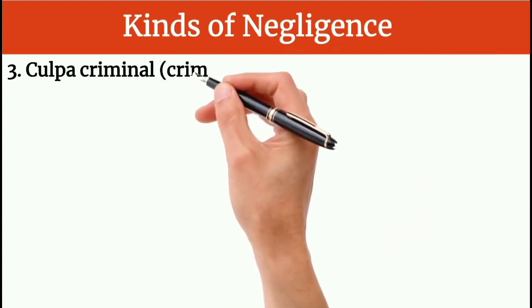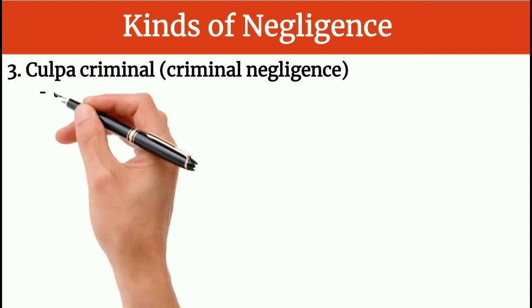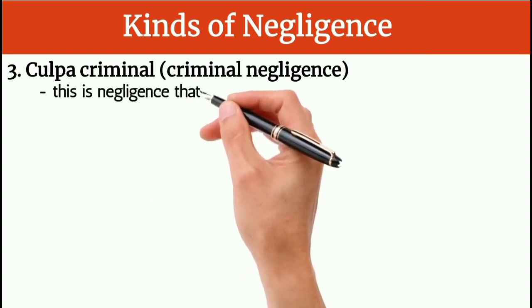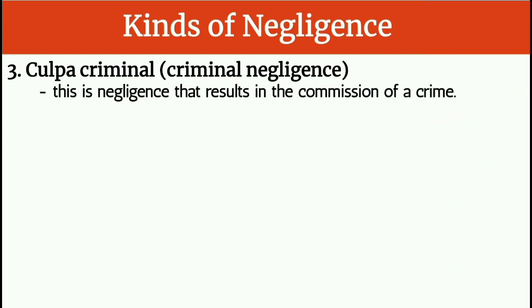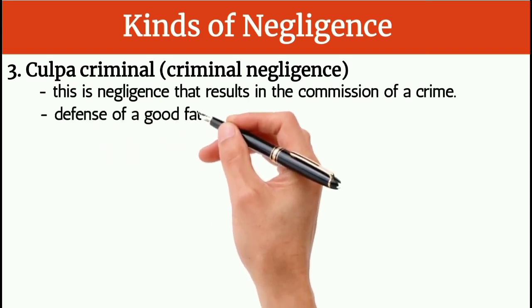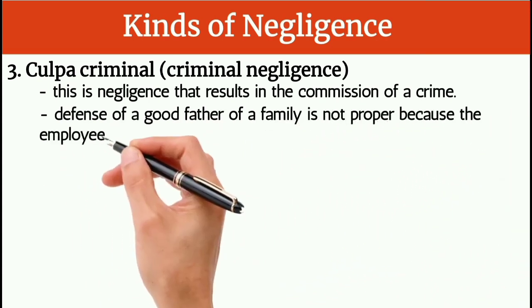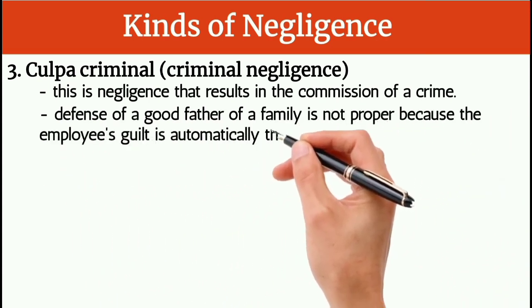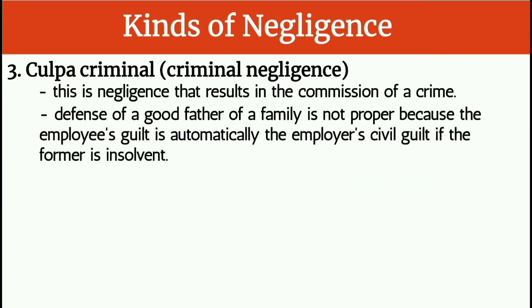Next, culpa criminal or criminal negligence. Culpa criminal or criminal negligence is the negligence that results in the commission of a crime. Meaning to say, this negligence is the cause why there is a crime. In culpa criminal, the defense of a good father of a family is not proper because the employee's guilt is automatically the employer's civil guilt if the former is insolvent.